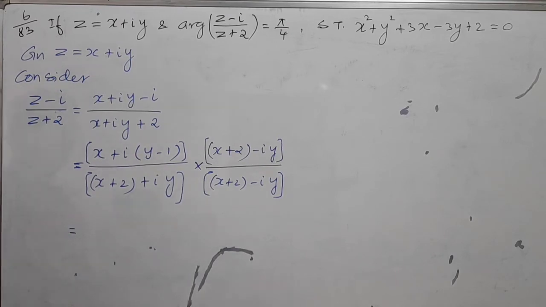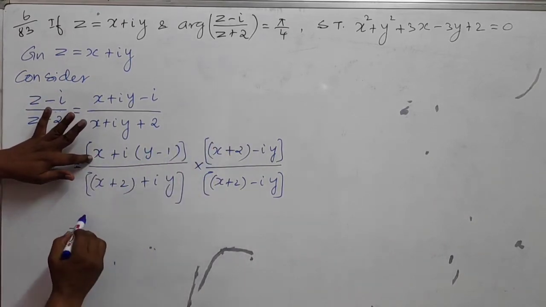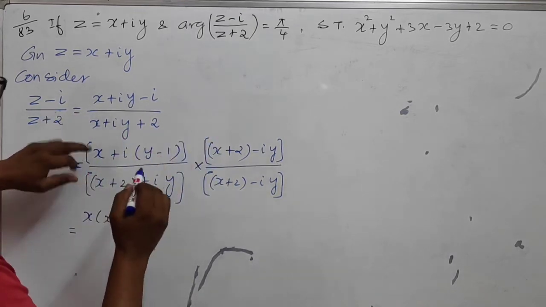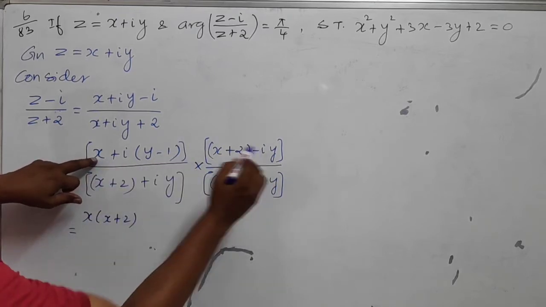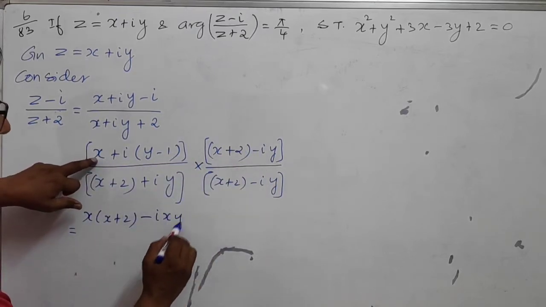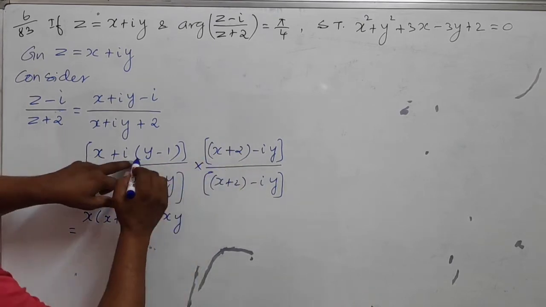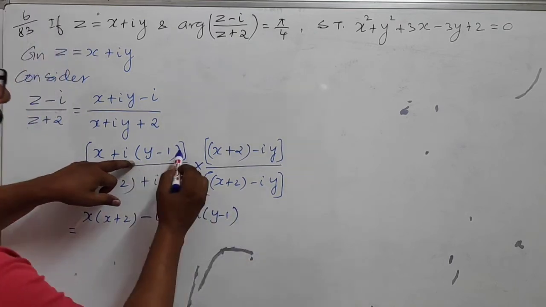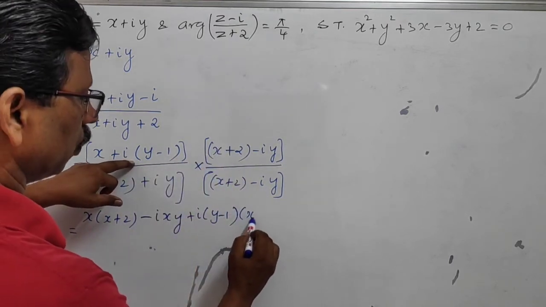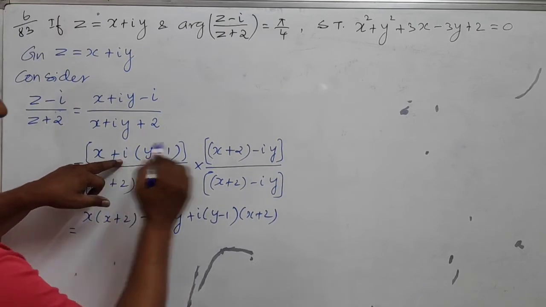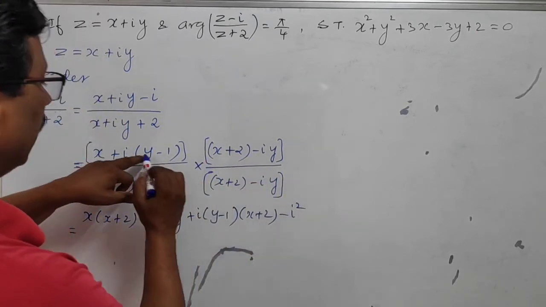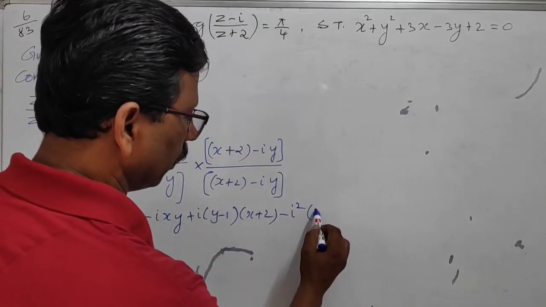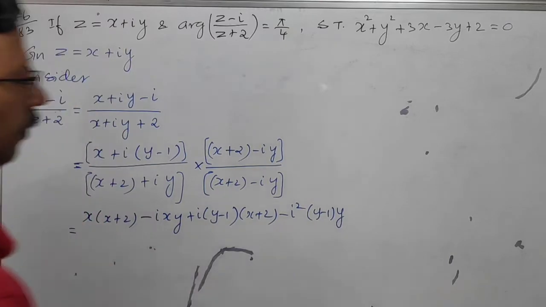Multiplying, x into (x plus 2), then plus into minus, minus i into xy, then plus i into (y minus 1) into (x plus 2), then plus into minus, minus i squared into (y minus 1) into y.